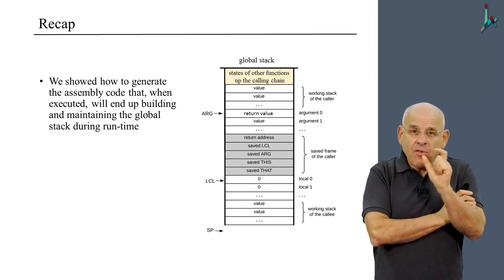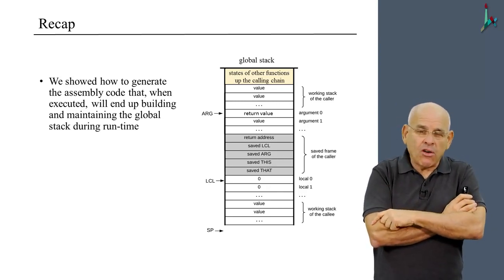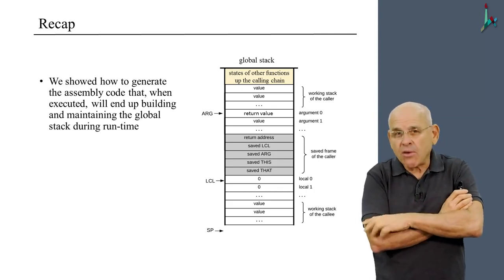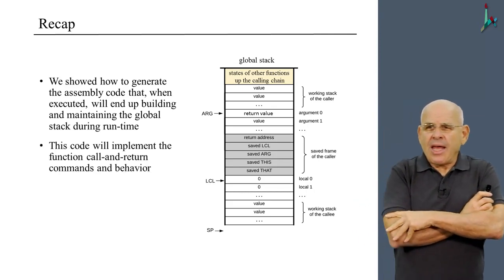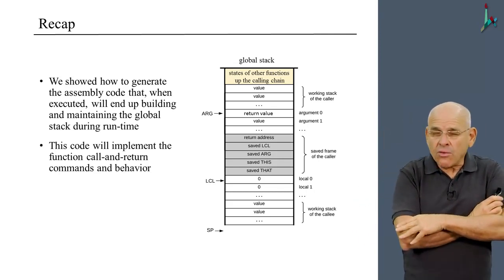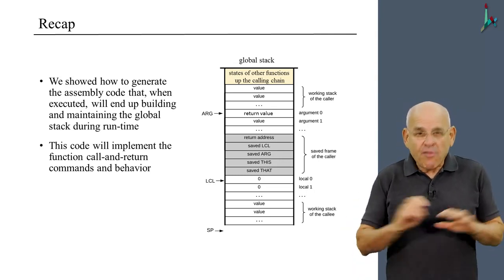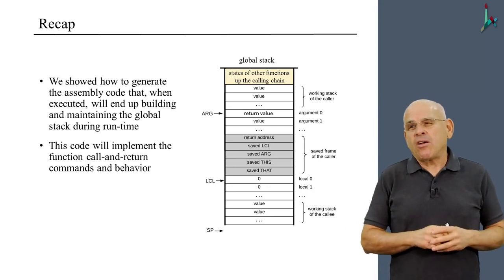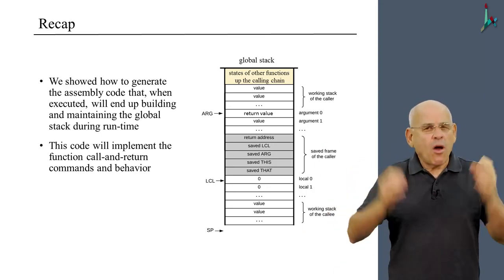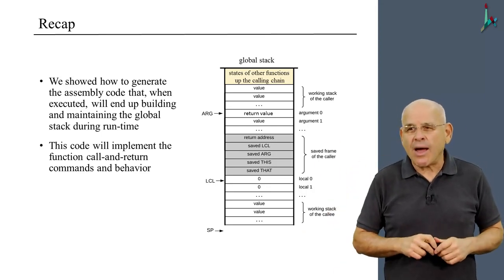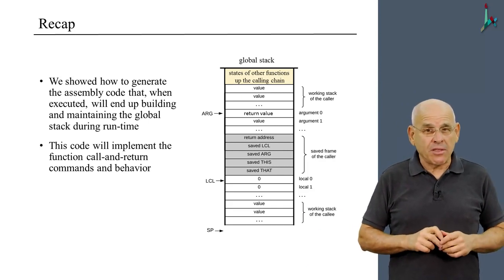And we didn't give you the actual assembly code, but we did give you pseudo assembly. And this code, when you write it in Hack, will actually do everything necessary in order to build this complicated world that we described in the last three units.